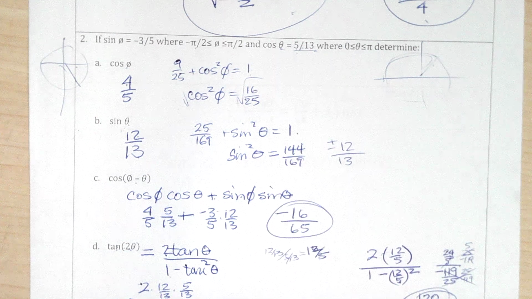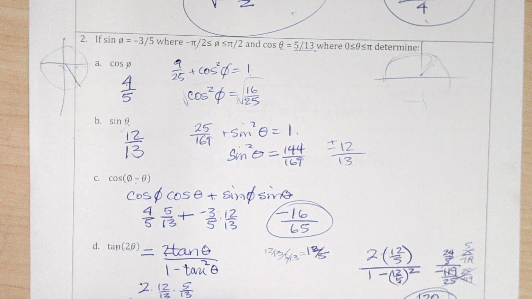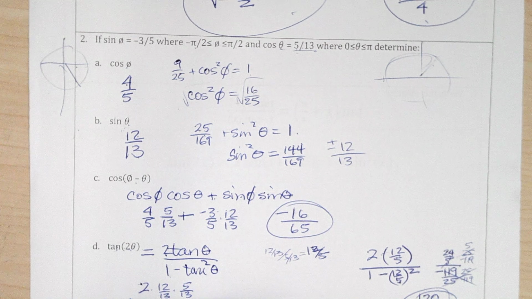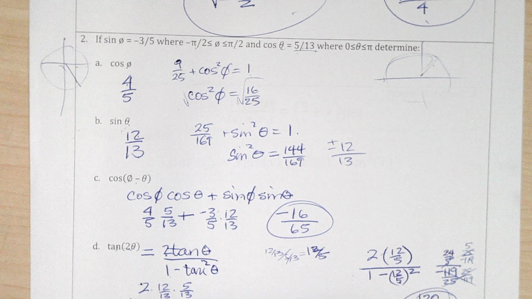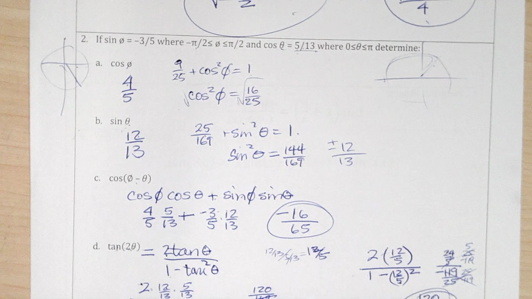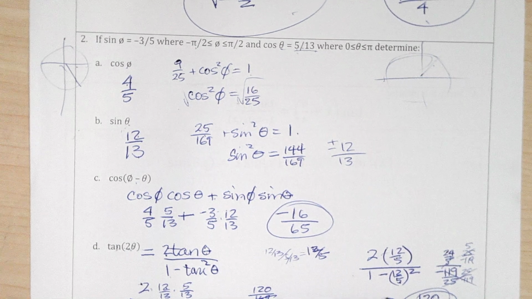So that would be 25 over 169 minus sine squared, which is 144 over 169. And that's going to give us the minus 119 over 169. And in the numerator we have 24 times 5, 120 over 169. The 169s would cancel if you invert and multiply, and we get the same answer.